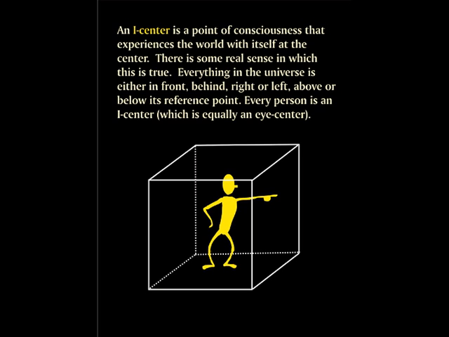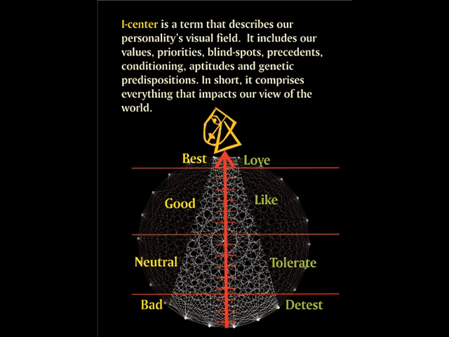Every person is an eye center, which is equally an EYE center. Eye center is a term that describes our personality's visual field. It includes our values, priorities, blind spots, precedents, conditioning, aptitudes, and genetic predispositions. In short, it comprises everything that impacts our view of the world.